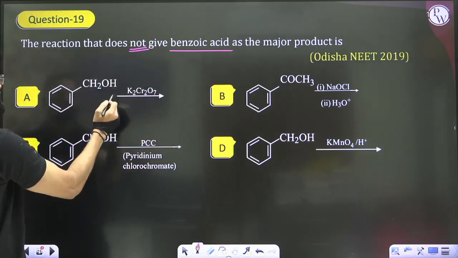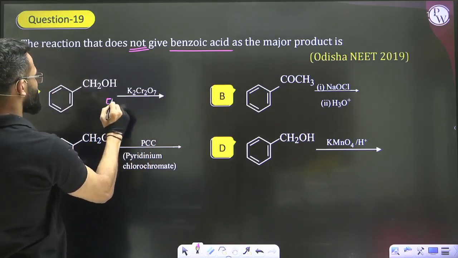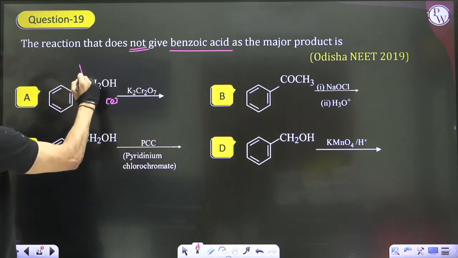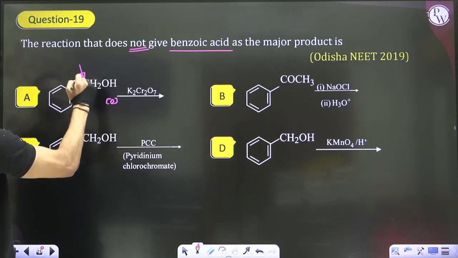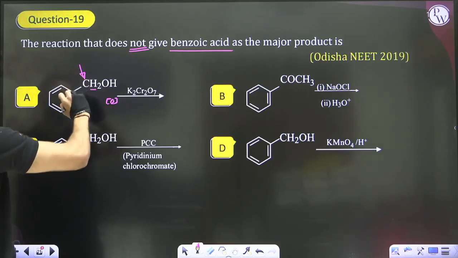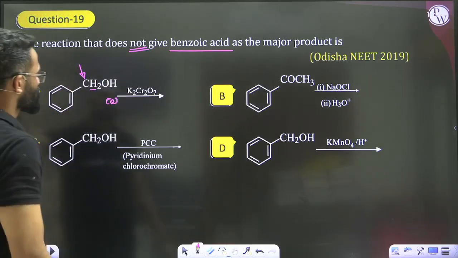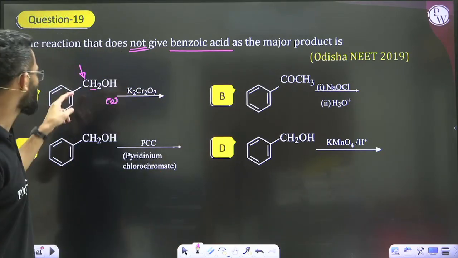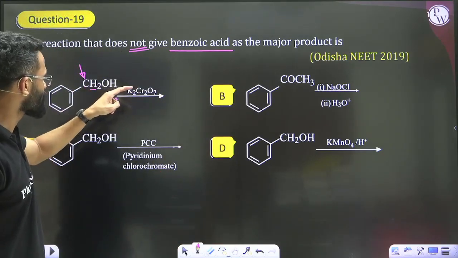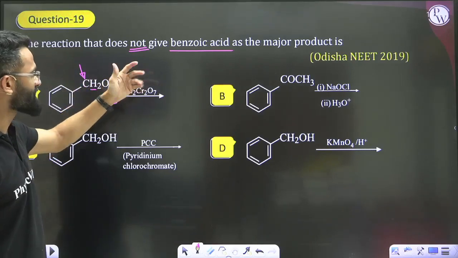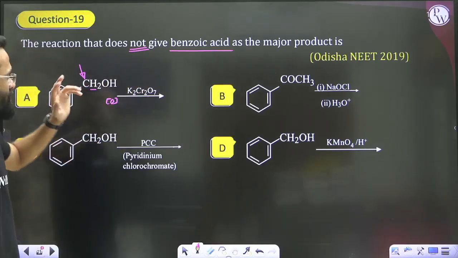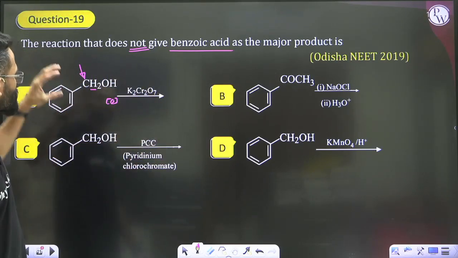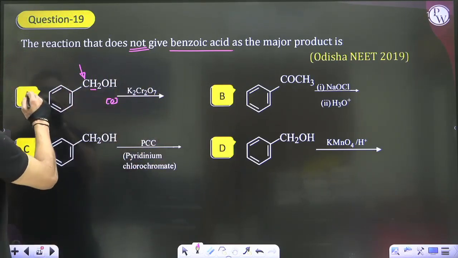So if you use such strong oxidizing agents and if your substrate contains alkyl benzene carrying a benzylic carbon with at least one hydrogen atom, then it straight away undergoes oxidation to produce benzoic acid, irrespective of the length of chain of carbon atoms. So how many carbons are present in this side chain does not make any difference. If we have benzylic carbon carrying at least one H, it will be oxidized to benzoic acid, meaning this will produce benzoic acid, so not our choice.